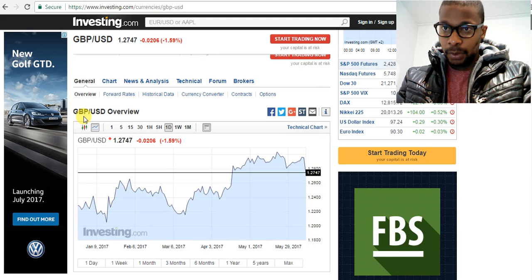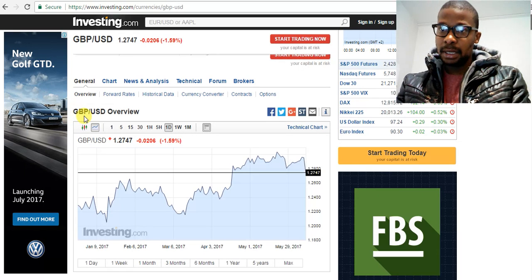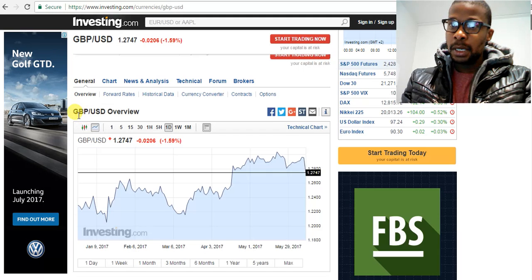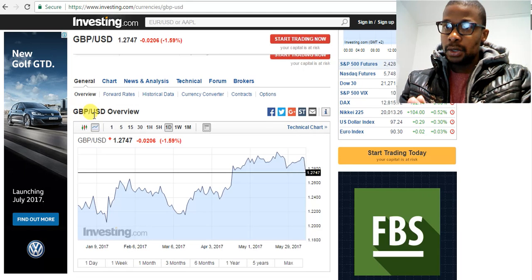So what you need to understand is that this is a symbol, GBP, right? Stands for Great Britain Pound, right? Great British Pound, whatever it is, right? And USD. USD is the United States dollar, right?